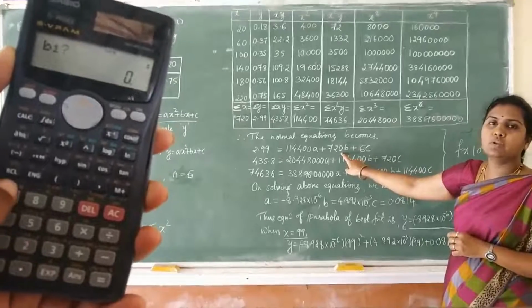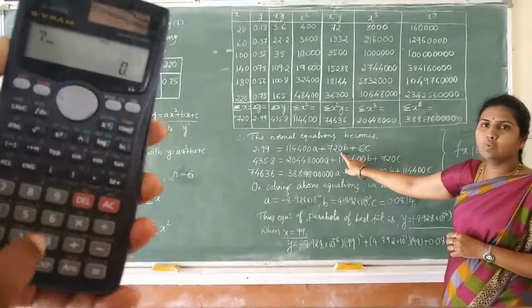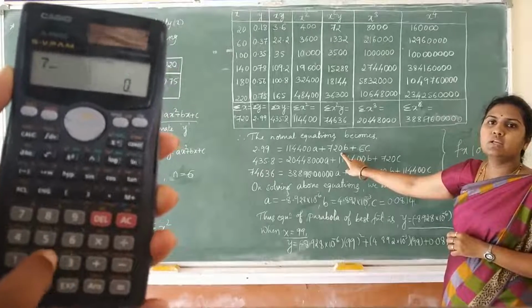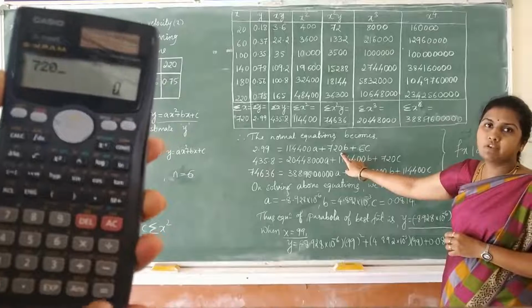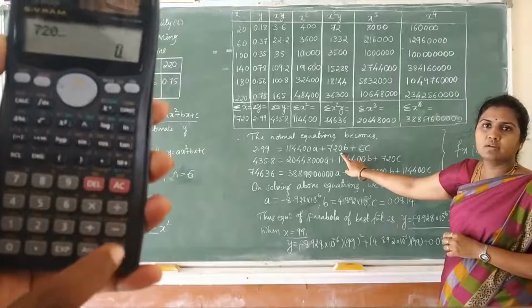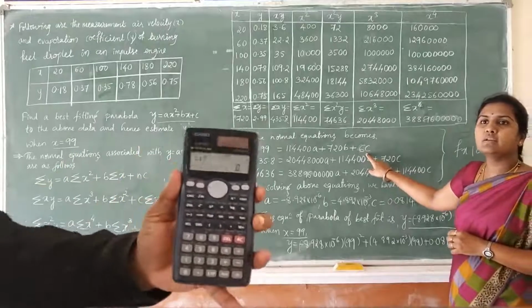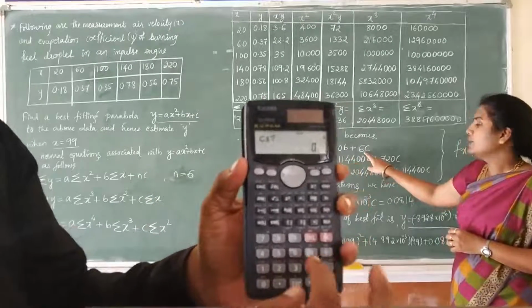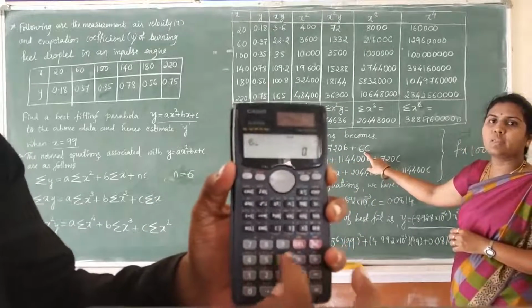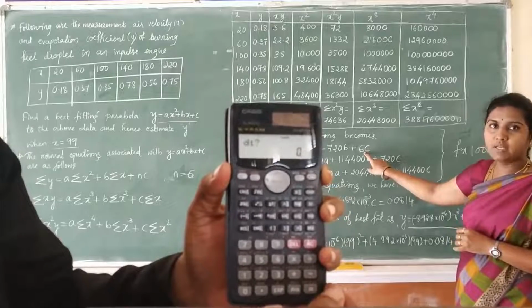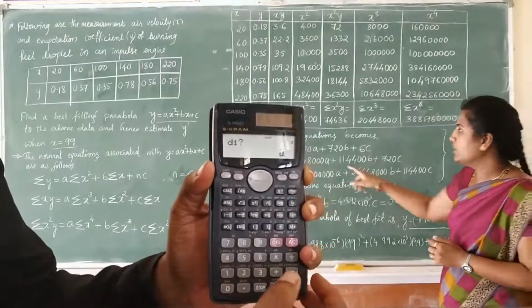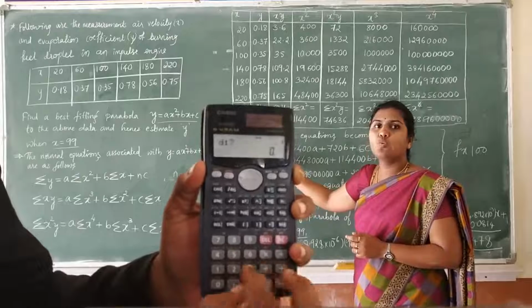B2, sorry, B1 they are asking. Substitute B1, 720. Next, press equal sign. Next, here they are asking C1. C1 is 6. Press equal sign. Next, it came D1. D1 is nothing but this one, 2.99.